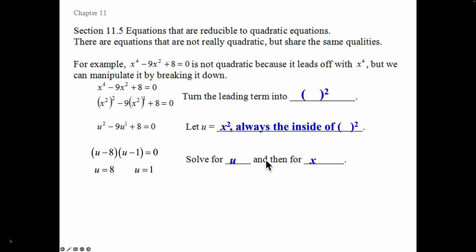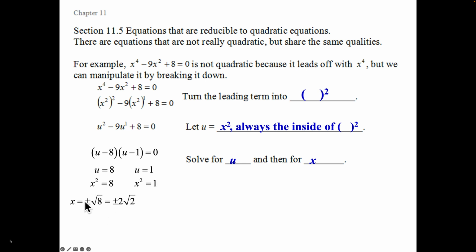We're not done because we technically need to solve for x, not for u. So now we bring the x squared back into place. We substituted out the x squared for a u, and now we're going to take out the u and replace it back with our x squared. So to solve these for x, we'll simply take the square root of both sides for both of those.